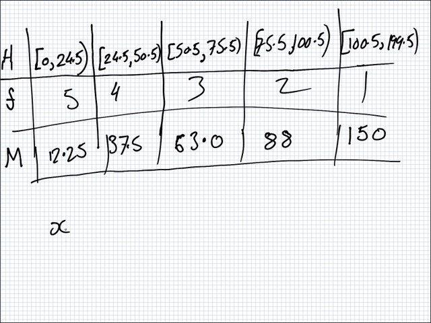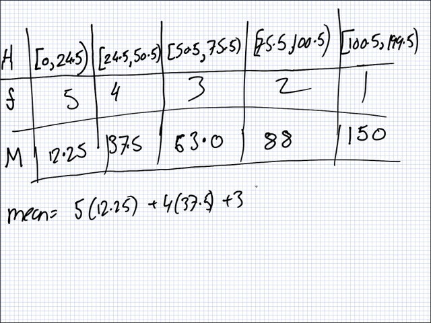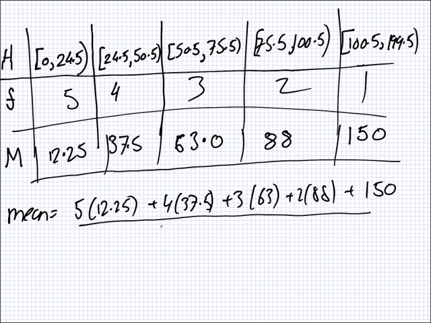So, to get the average, and this is the symbol for average, it's 5 times 12.25. Good job. The mean average. We'll get the mean one first. So, mean is 5 times 12.25 plus 4 times 37.5 plus 3 times 63 plus 2 times 88 plus 1 times 150, over 5 plus 4 plus 3 plus 2 plus 1.